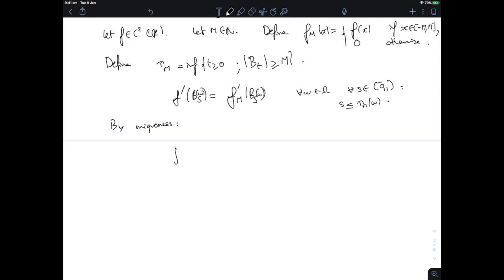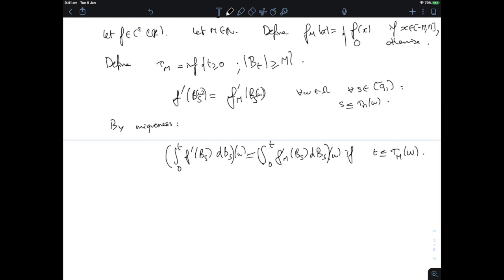We get that the integral of f'(B_s) dB_s from 0 to t has to be equal to the integral from 0 to t of f_m'(B_s) dB_s if t is smaller than tau_m, at some point omega, if t is smaller than tau_m(omega).